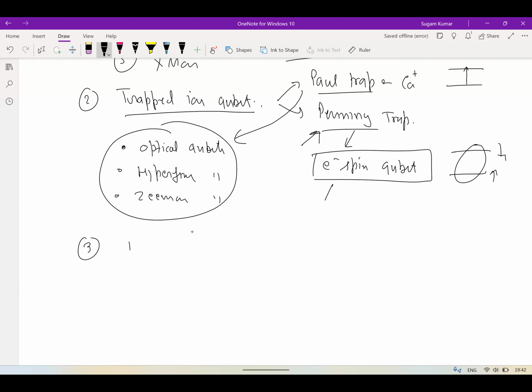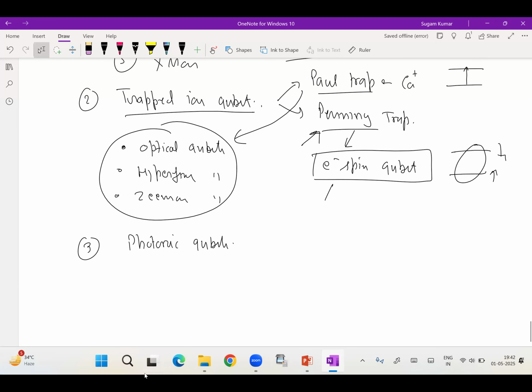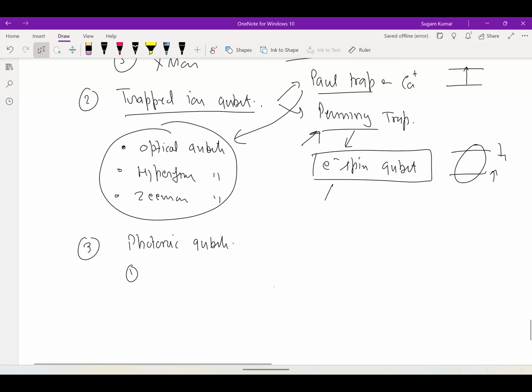For example, photonic qubits. In photonic qubits, you can use the polarization of the photons, so we can call it a polarization qubit. You can use, let us say, horizontal polarization or vertical polarization, and they act like the two qubit states.